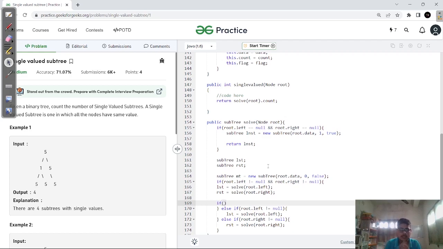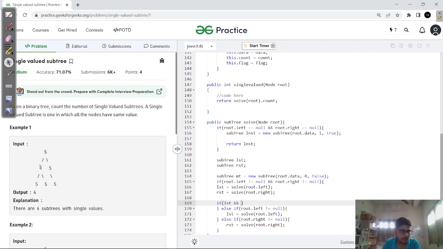The condition is that the left subtree must be a single node subtree and the right subtree must be a single node subtree. If both are single node subtrees, then this was the condition for me to be a single node subtree.